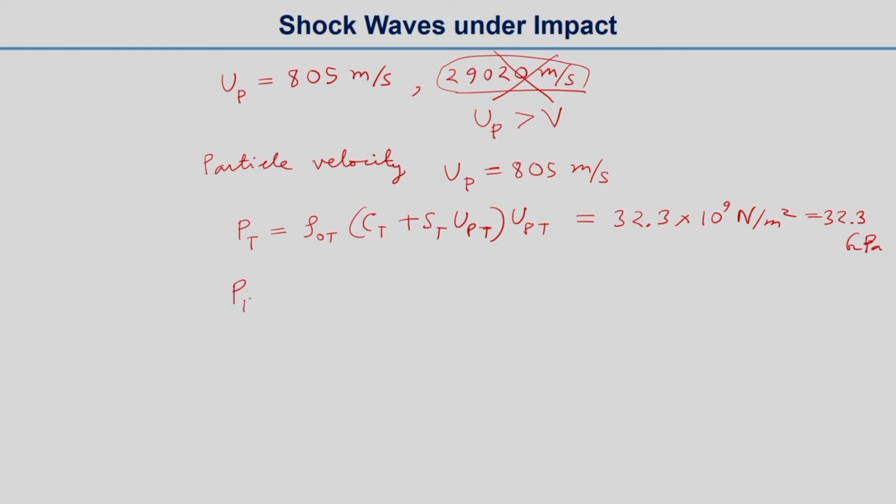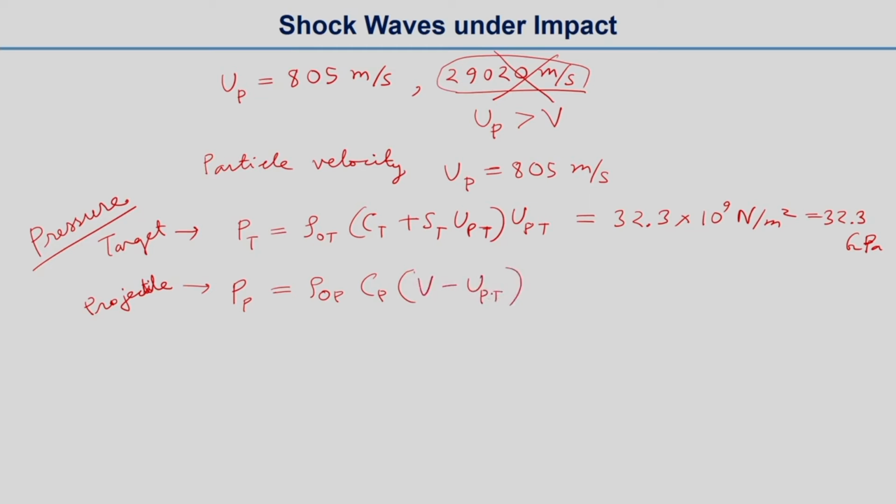And then the pressure generated in the projectile: rho naught P for projectile, CP, V minus UPT, this will be for target UPT, not for projectile.